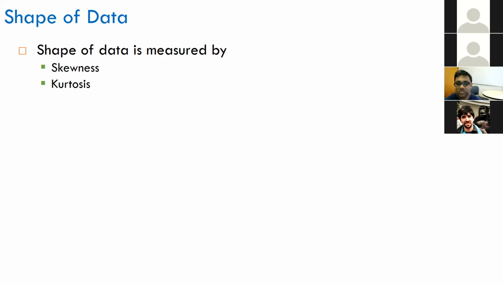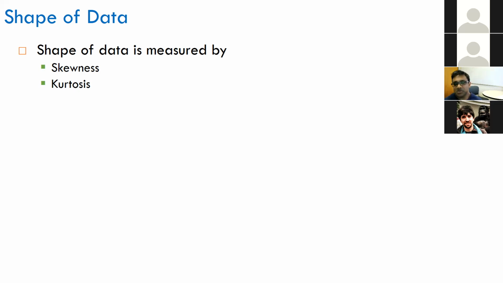To measure the shape of the data set, there are two things that you need to understand: skewness and kurtosis. You might have heard of skewness, but not kurtosis. I will explain both, just in case you read papers or books.